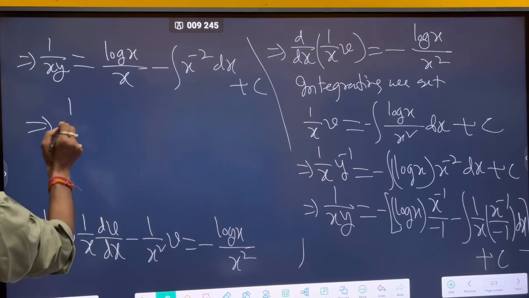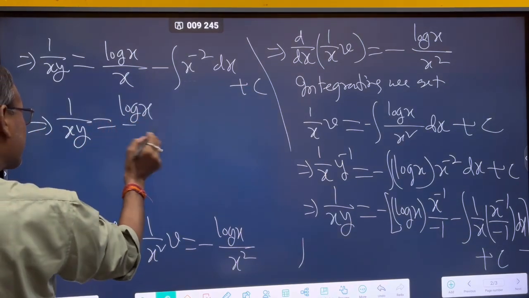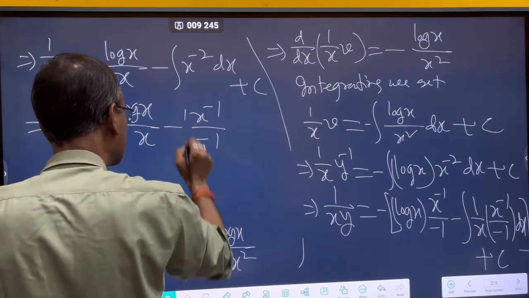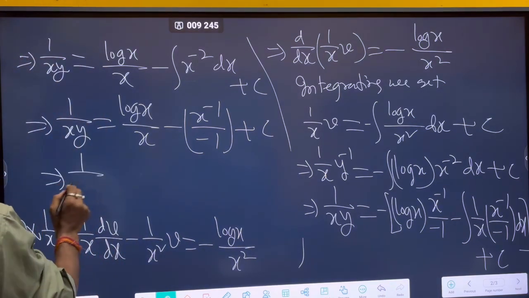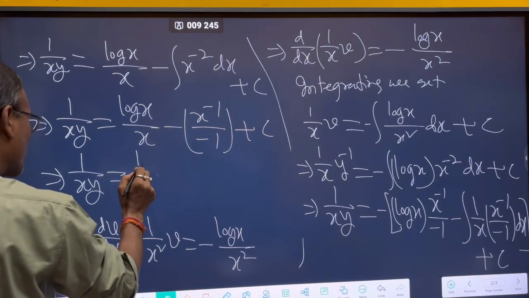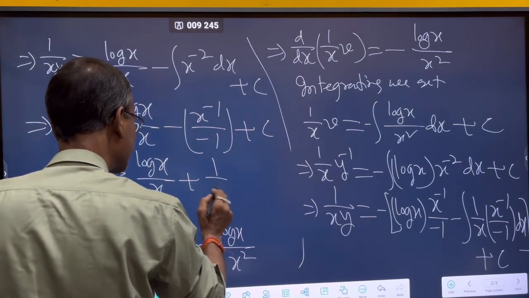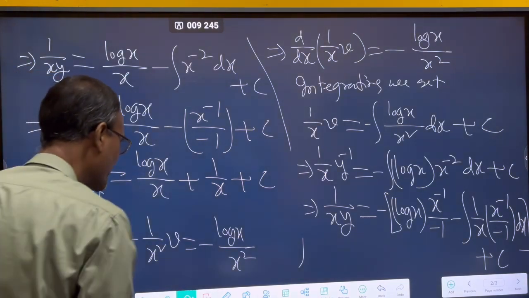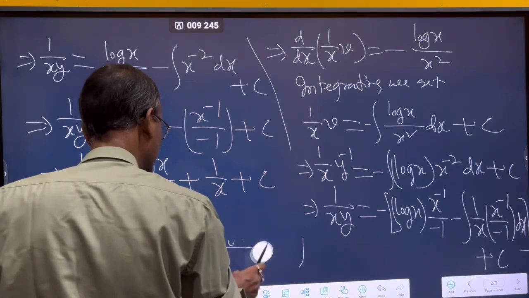This means 1 by xy equal to log x divided by x minus x to the power minus 1 by minus 1 plus c, or 1 by xy equal to log x divided by x plus 1 by x plus c. Now you see here.